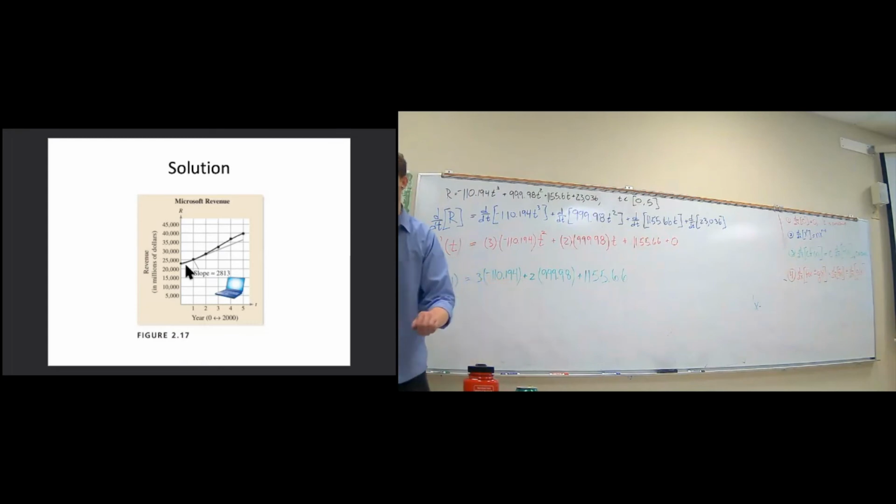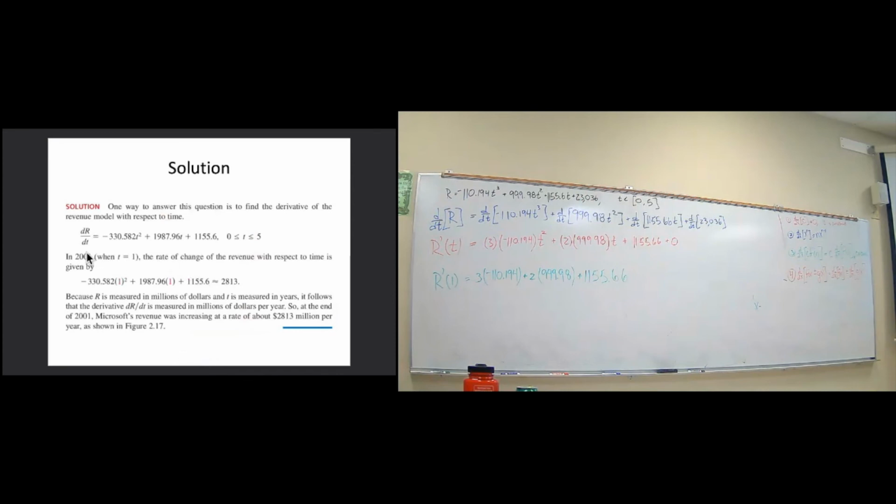Yeah, that's about right. So, taking the derivative, they went ahead and actually evaluated out what it would be to multiply that 3 all the way through. Again, I wasn't going to do that because I'm not a human calculator. And then they evaluated what that revenue derivative would be at time equal to 1.